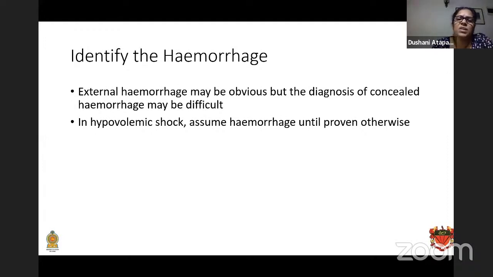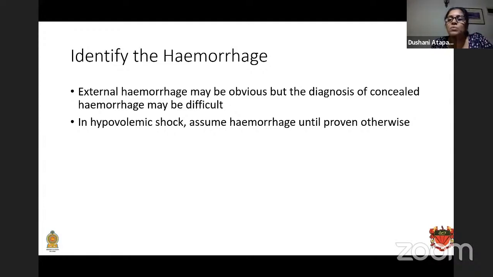When it comes to internal hemorrhage, like hemoperitoneum following a trauma, it's not easy. You have to anticipate, you have to suspect. The patient is bleeding, so you have bedside investigations like a FAST scan. These will assist you to come to a diagnosis, but don't waste time waiting until these sophisticated investigations come.